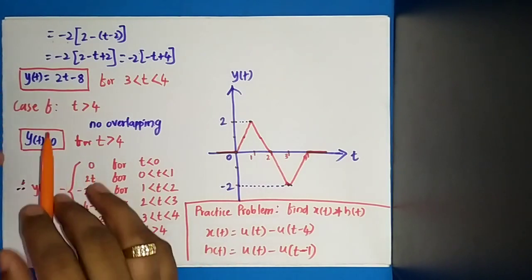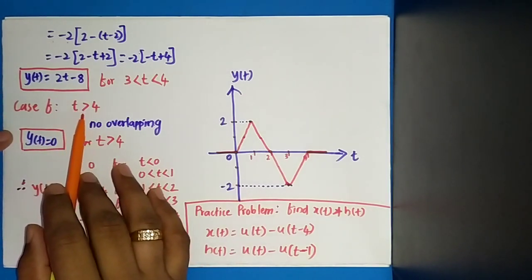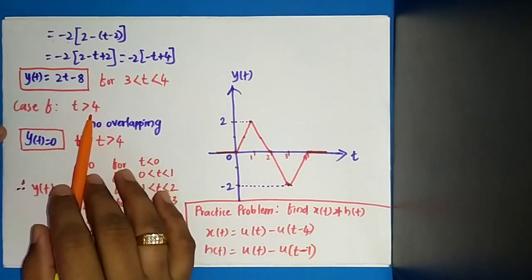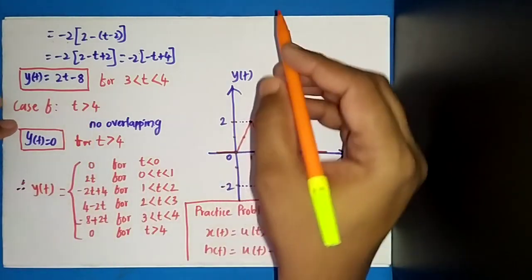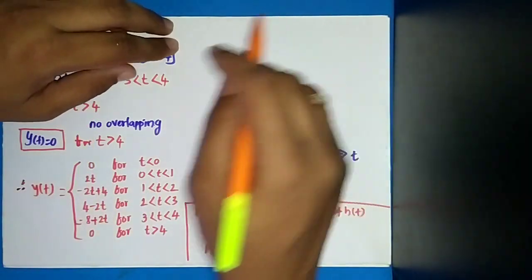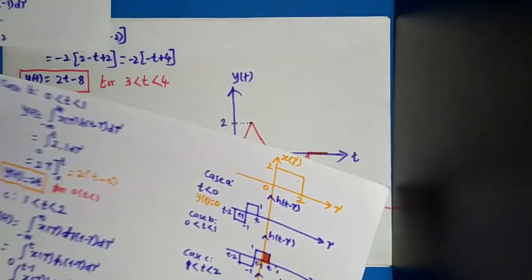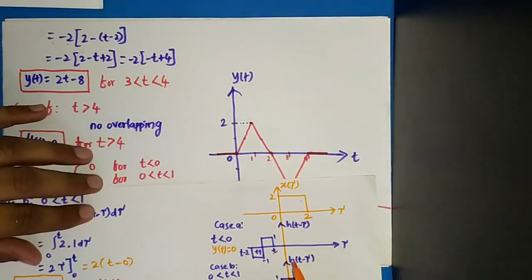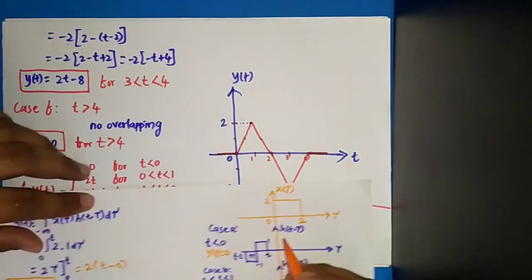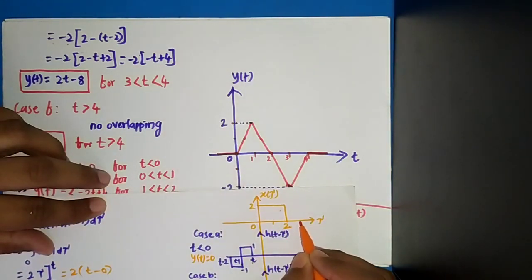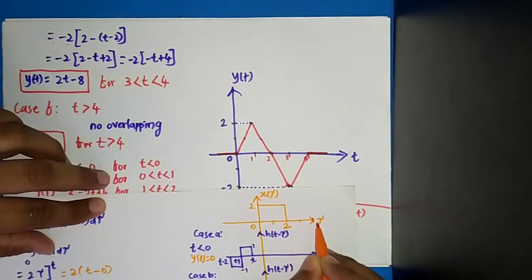And in the last case, if our t is greater than 4, so in that sense, if you plot this one, actually I have not plotted it because that is not necessary in that sense. Okay, so I will do it here only. So this is 1 and 2, this is 3, and this is 4.